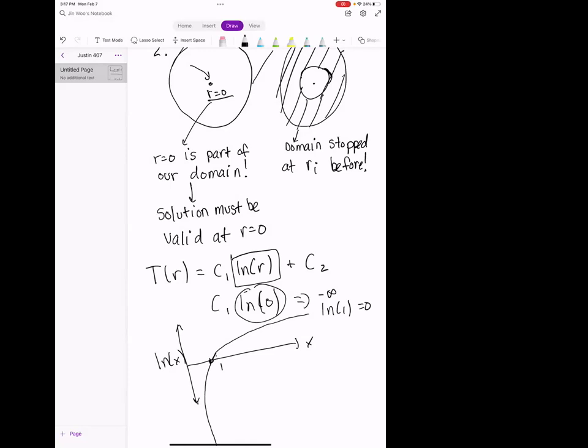And so we have a problem here. If r is equal to 0 is part of our domain, and our solution has to be valid at the center of the cylinder, we have a problem, because if we plug in 0 here, then we get minus infinity.